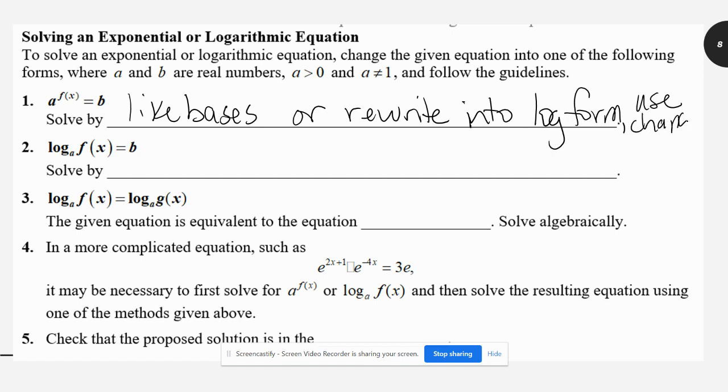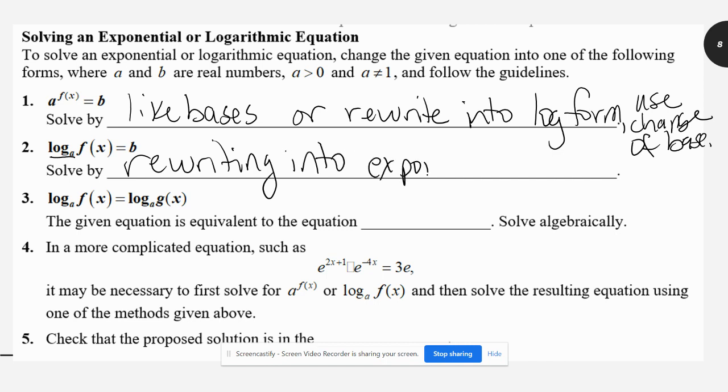Use change of base. If we have a single log, then we can solve by rewriting into exponential form, making sure that you check your solutions.